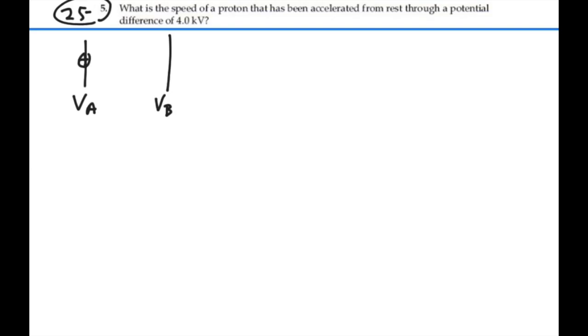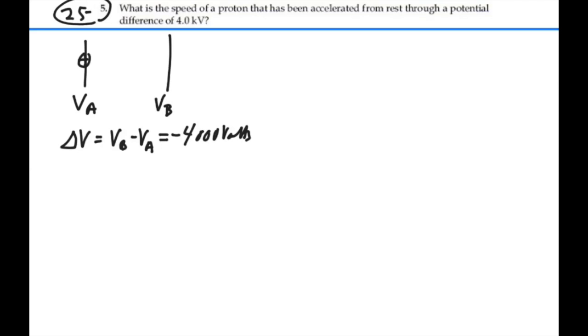In other words, it would have to fall to a lower potential in order to gain kinetic energy, in order to get a velocity. So we can imagine that our potential at B is smaller than potential at A, so this potential difference, which is VB minus VA, is actually equal to a negative 4,000 volts, because our final potential is lower than our initial potential.